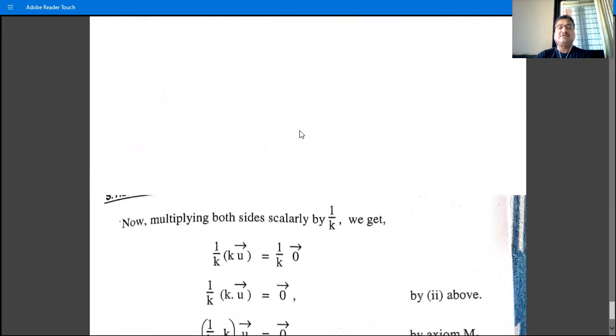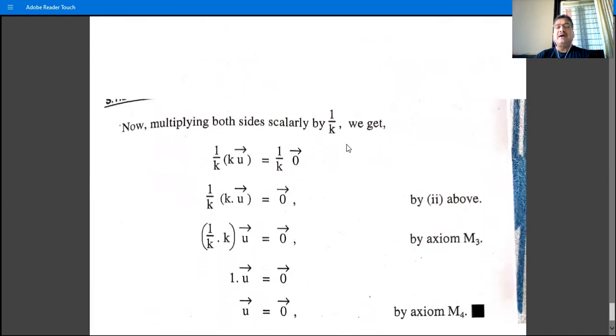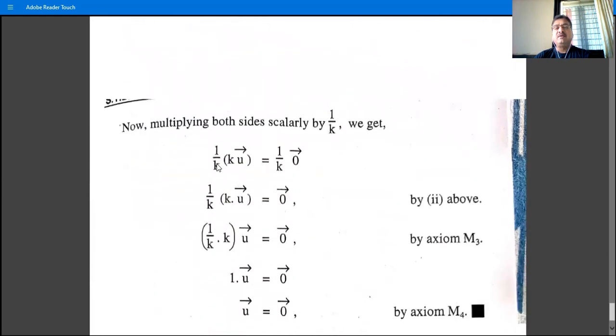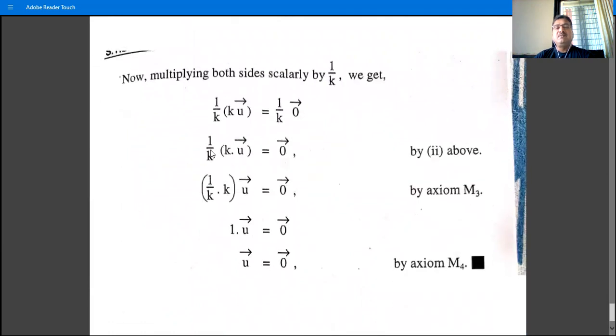Its inverse exists. So multiplying both sides by 1 by k to this k u bar equal to 0 bar, we have this. And then 1 by k into 0 bar, any scalar into 0 bar is 0 bar by using proof number 2. And 1 by k into k u bar, by using axiom number m3, k l u bar is k into l u bar.